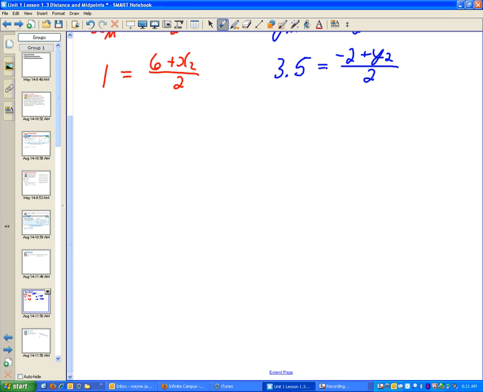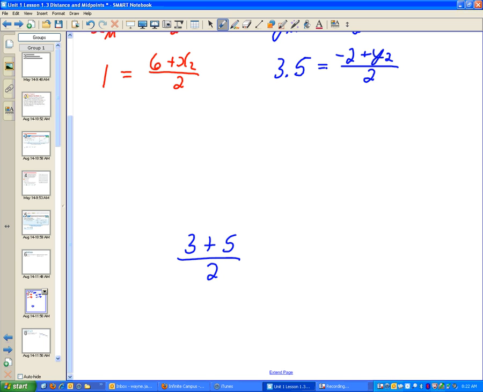And let me show you why that works and why the 2 gets divided out. If we had, let's say, 3 plus 5, we all know what that is.